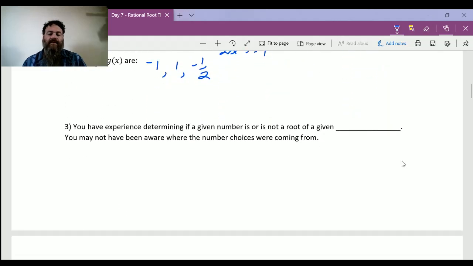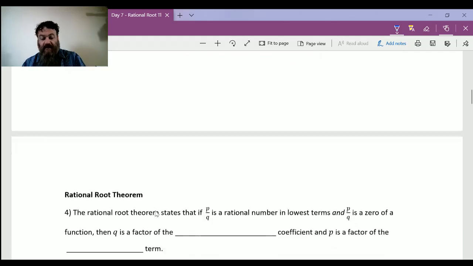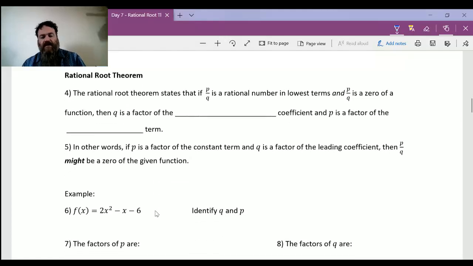So you've got experience determining if a given number is or is not a root of a given function. But you might not have been aware where those number choices were coming from. Every single time I just give you a list of numbers, and here's where it is.